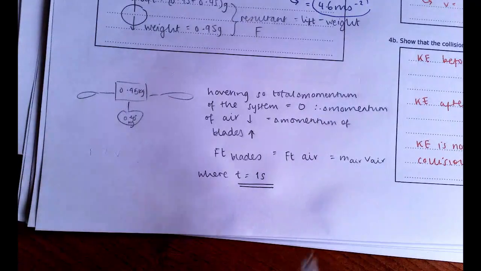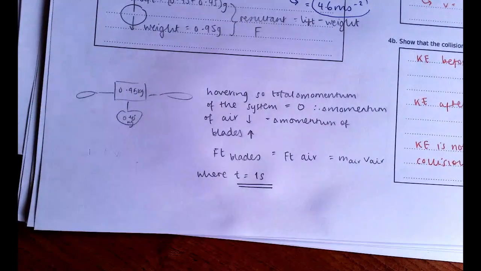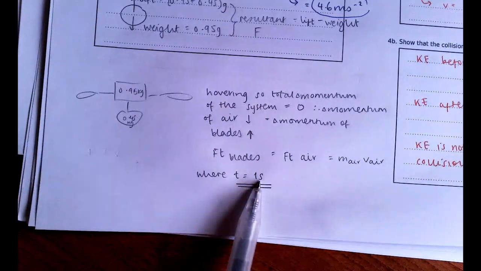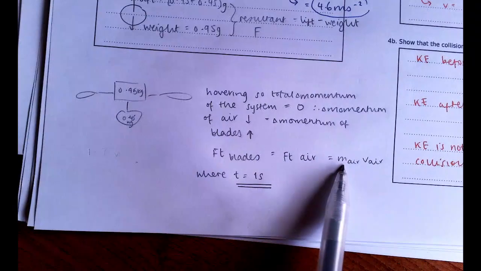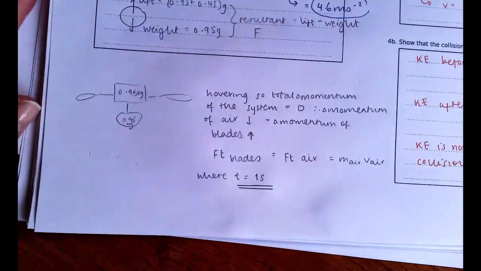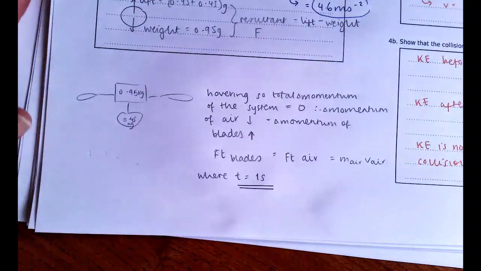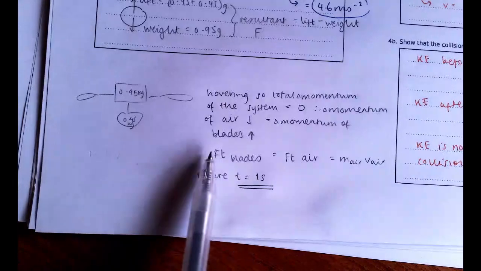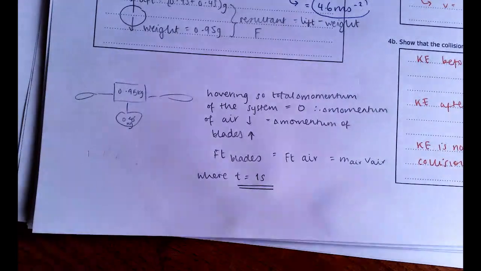So the change in momentum is just the final momentum, okay? And we know that this is occurring in 1 second for us to be able to have a mass value, okay? So because we're told that it's 1.7 kilograms in a second that have been moved, we know that the t for the blades must also be 1 second.